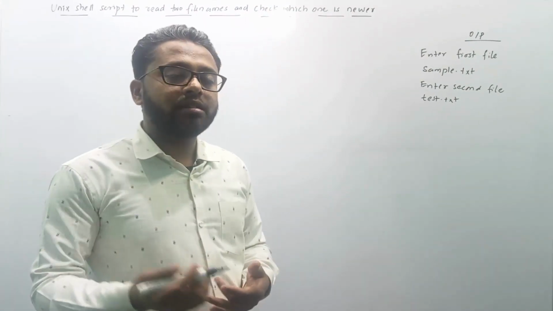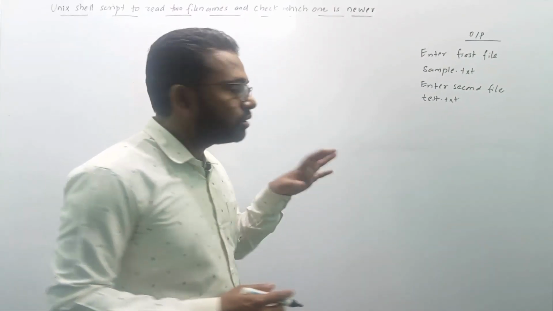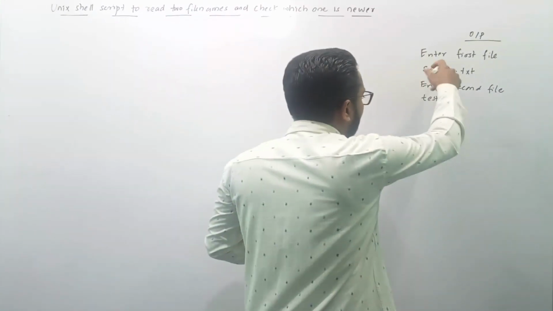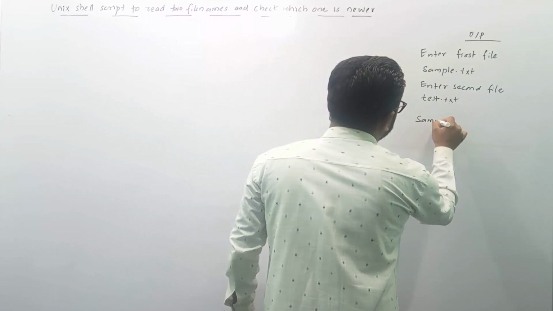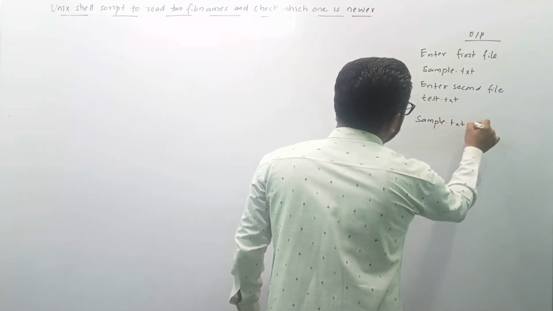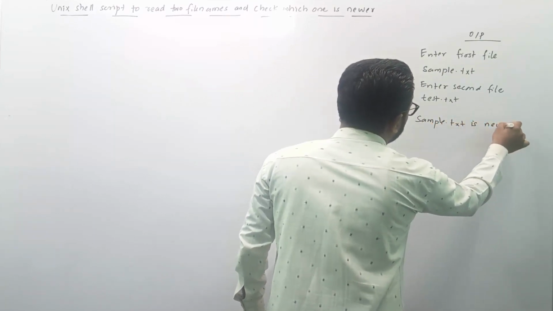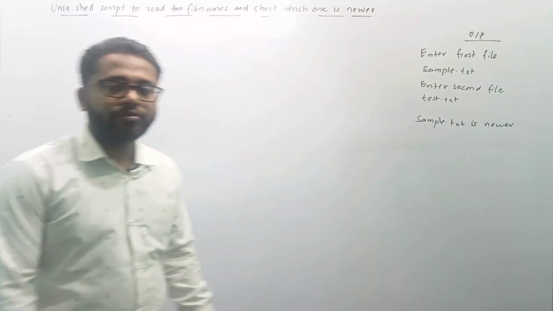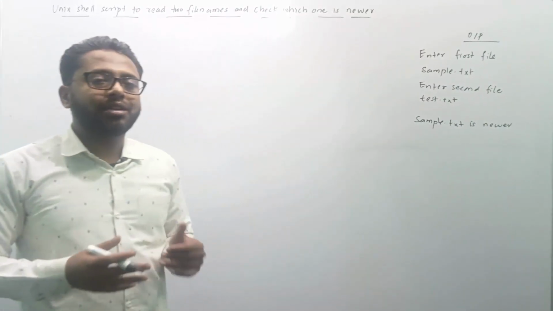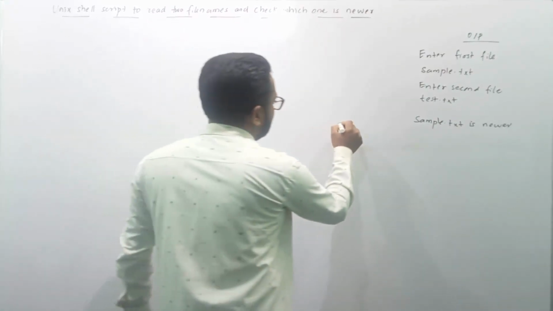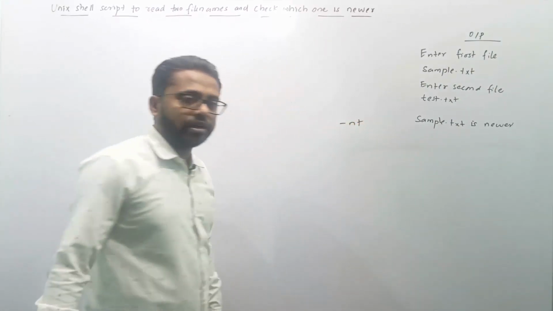Based on the comparison made in your program, it should decide which one is newer out of these two files, and you will get a message: sample.txt is newer. To make the comparison, we require a newer-than operator.